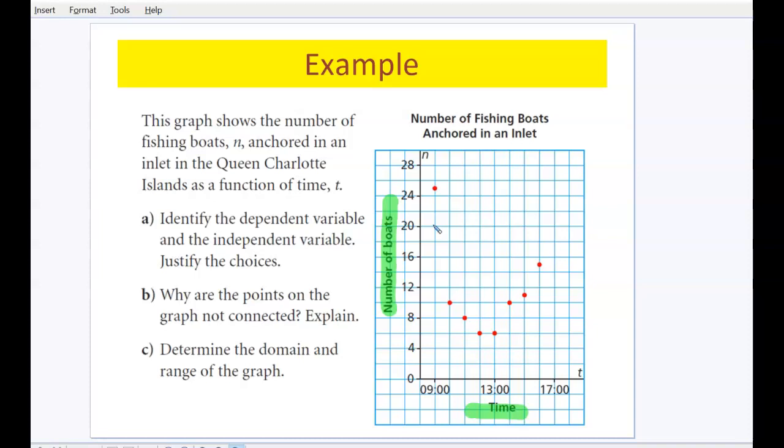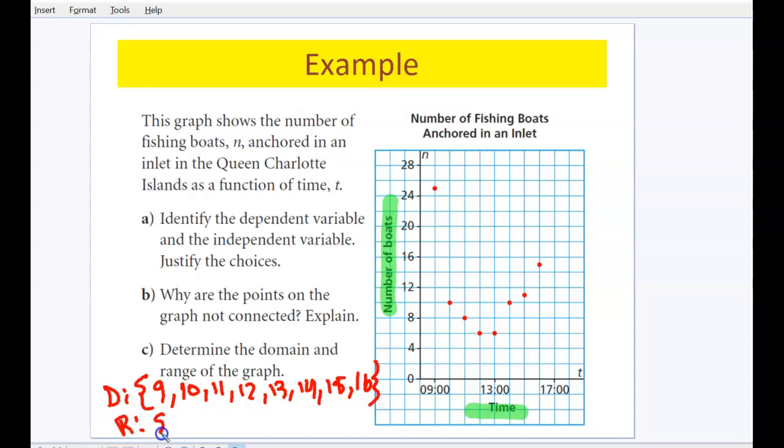And question C says determine the domain and range. So the domain, we're just going to list all of the elements. So it looks like 9 o'clock is 1, 10, 11, 12, 13, 14, 15, and 16.